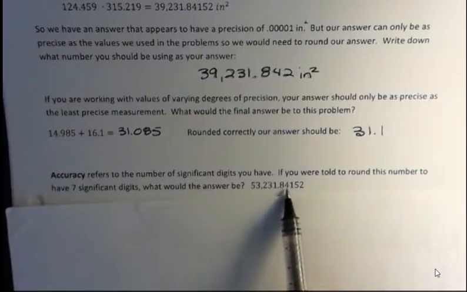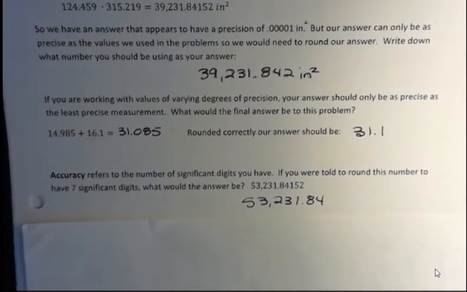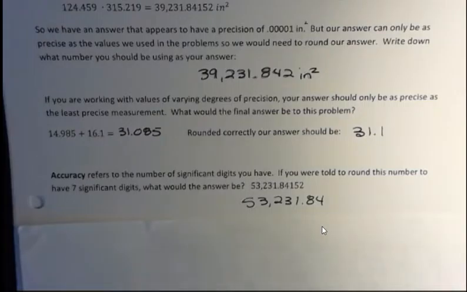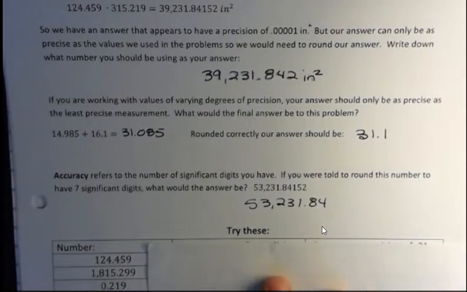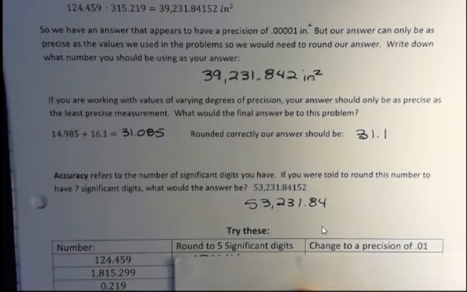And now, here would be our 7th one. And if you look to the right, that's a 1, so we would not round that up. So it would just be 53,231 and 84 hundredths. That's an accuracy thing. That's not saying to round that to be precise, but rather to be accurate. Accuracy has to do with the number of significant digits, and precision has to do with where the last significant digit is. And sometimes those look very much the same, and sometimes they don't.